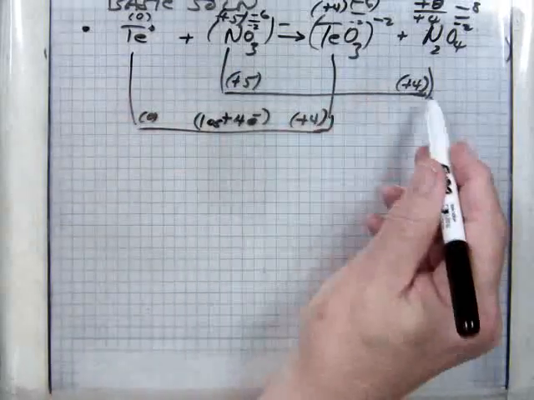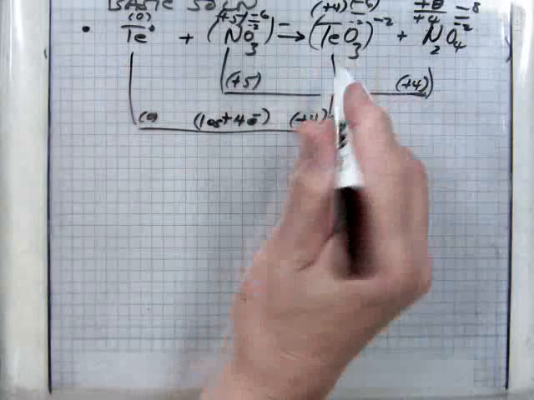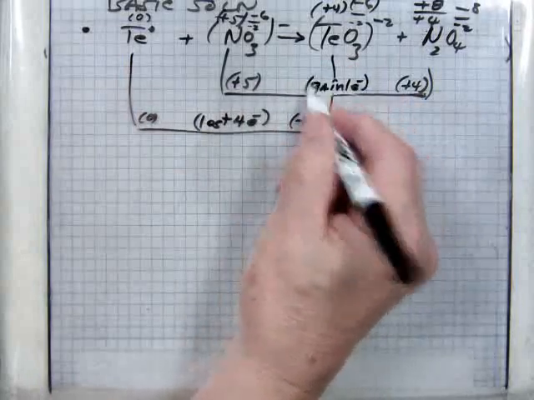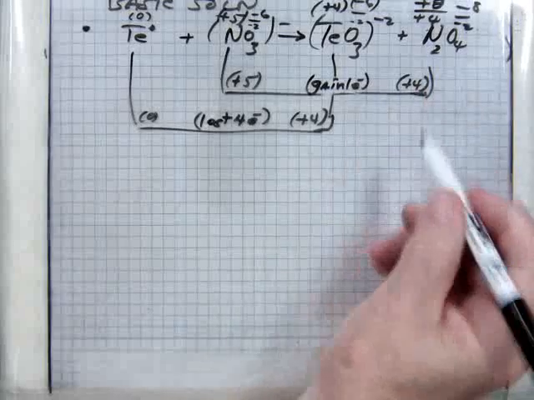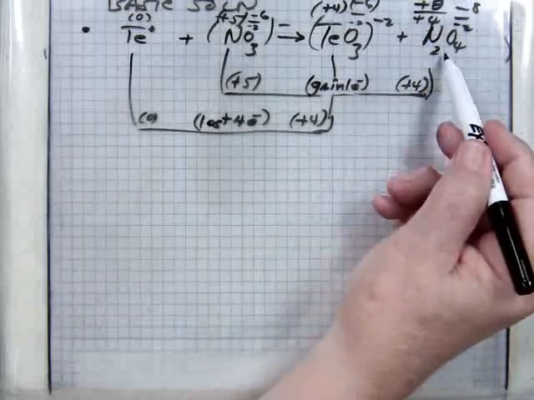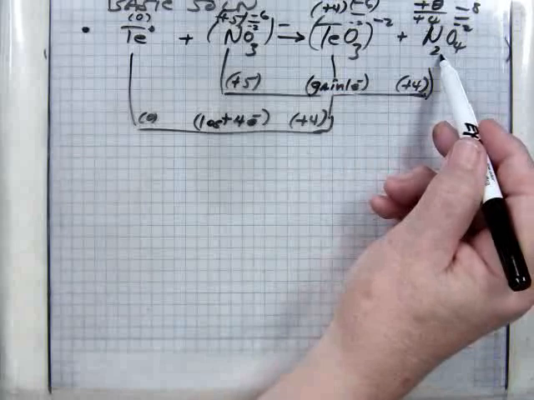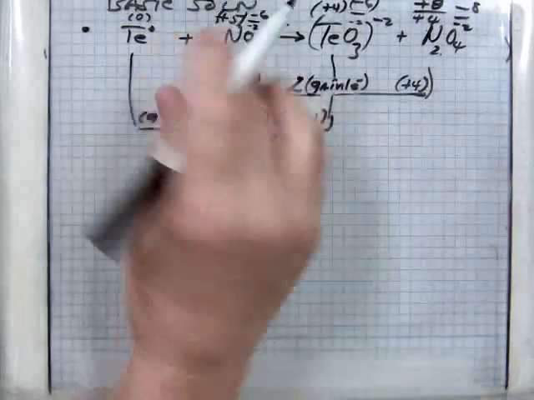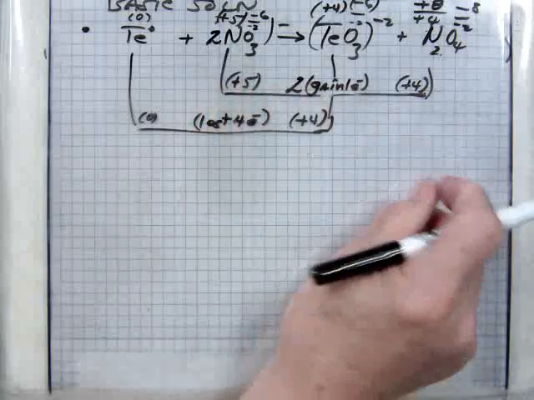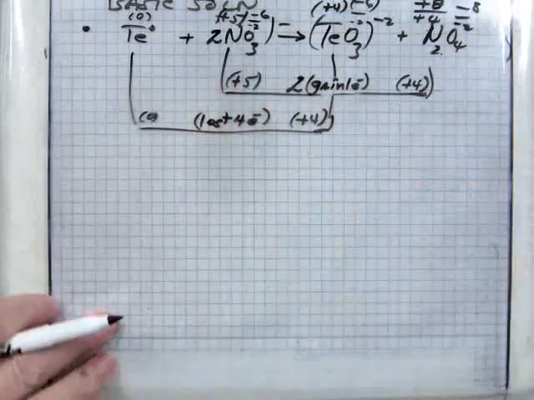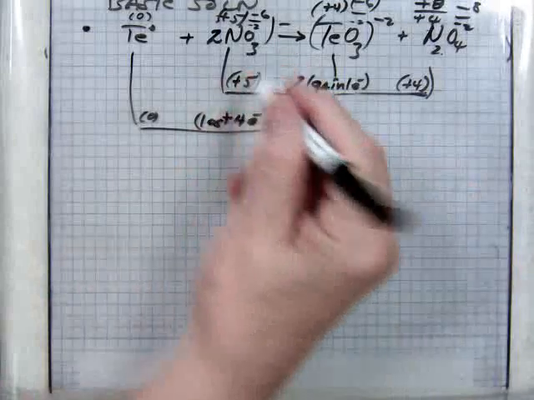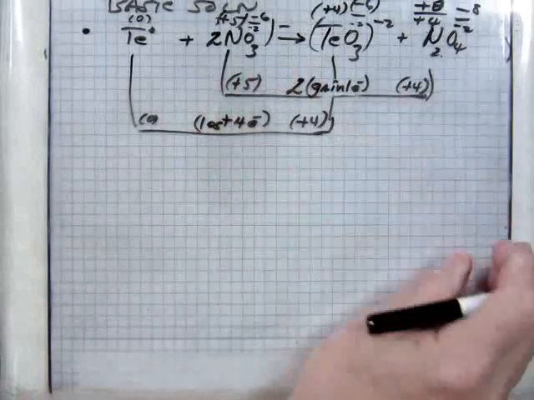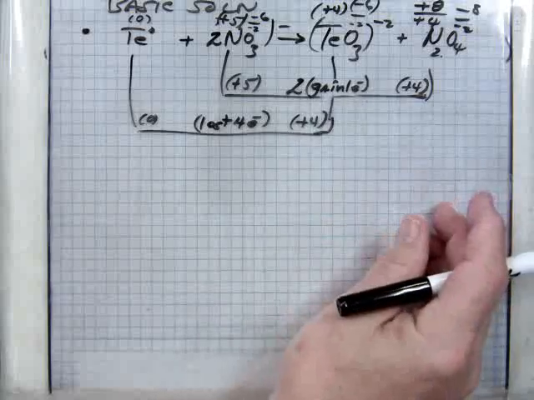And 5 to 4 looks like we've gained 1 electron per nitrogen. Well, this nitrogen on the right side is showing a subscript of 2, so that means we must have 2 nitrogens over here. On the reactant side, each gaining 1 electron, going over here, so we have 2 electrons involved here.